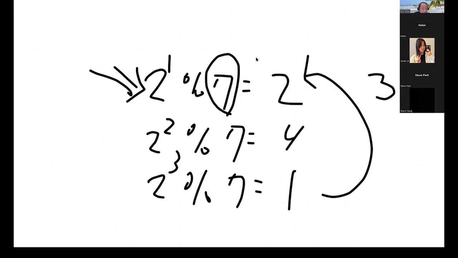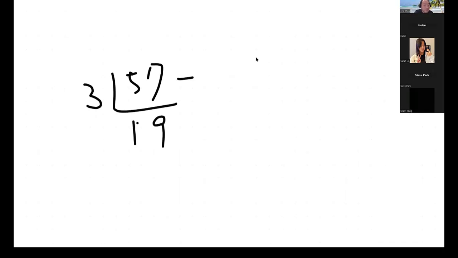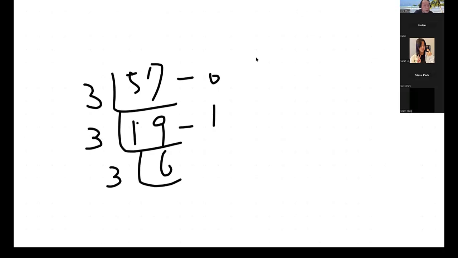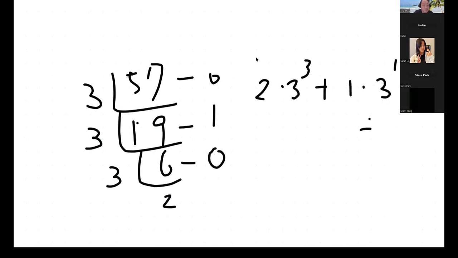Yeah. How can I guarantee? It's very simple. Why? Because any number, say I have 57, can be written in base 3. 57 divided by 3 is 19, remainder 0. 19 divided by 3 is 6, remainder 1. 6 divided by 3 is 2, remainder 0. So it's 2 times 3 to the power 3 plus 0 times 3 squared plus 1 times 3 to the power 1 plus 0 times 3 to the power 0.